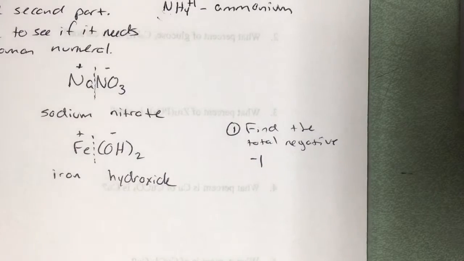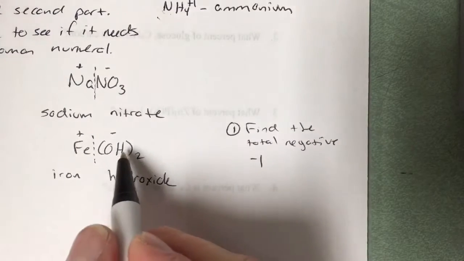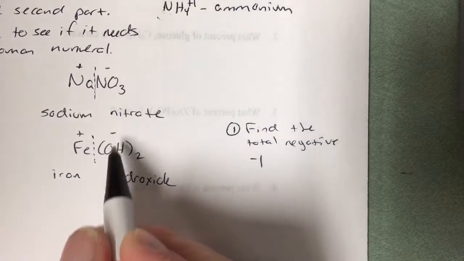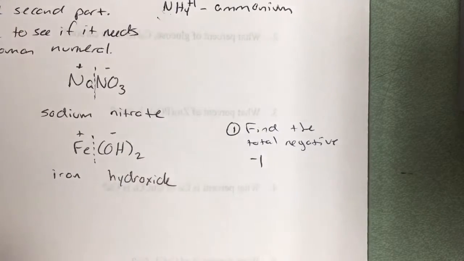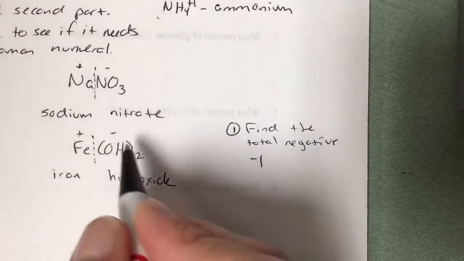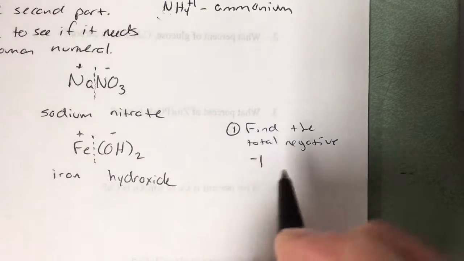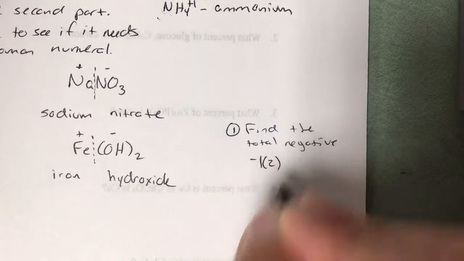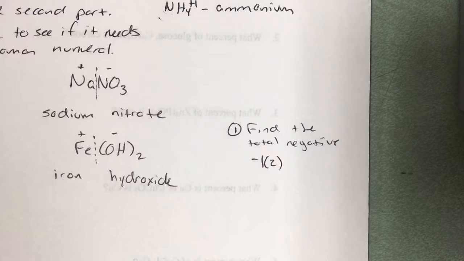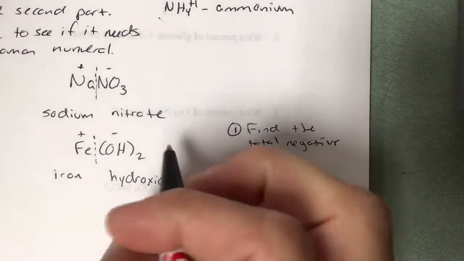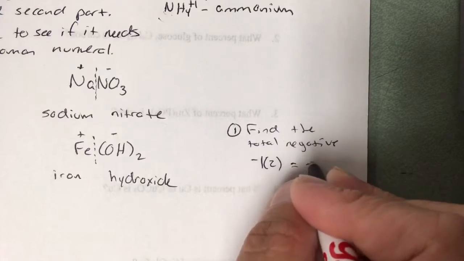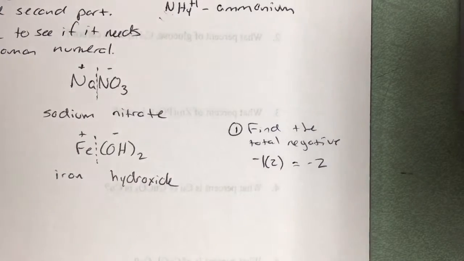We have to multiply it by the number of hydroxides. And here's the deal. If there are no parentheses around that polyatomic ion, there's one of them. If you do have parentheses, you go with the number on the outside. So we have parentheses. That means that there's more than one hydroxide. And the number on the outside is 2. So it's -1 times 2. So -2 is the total negative charge.